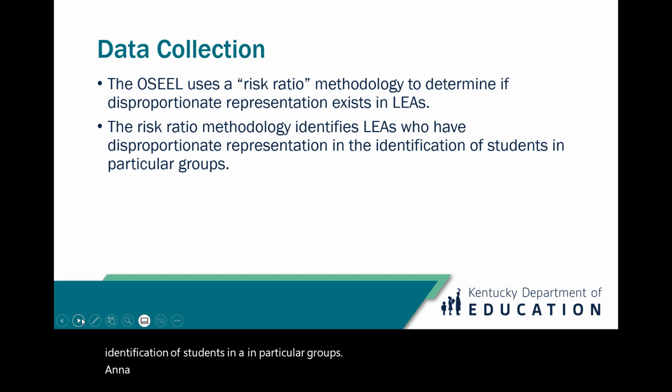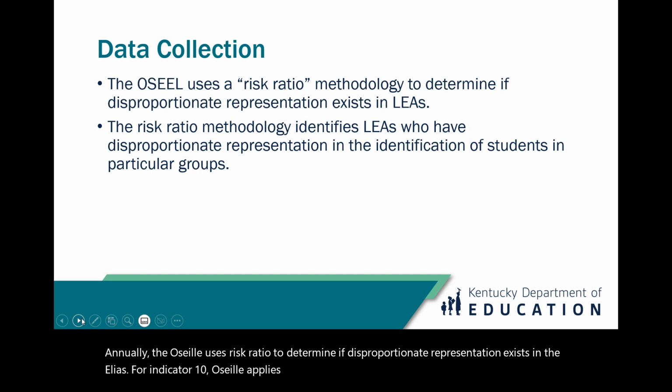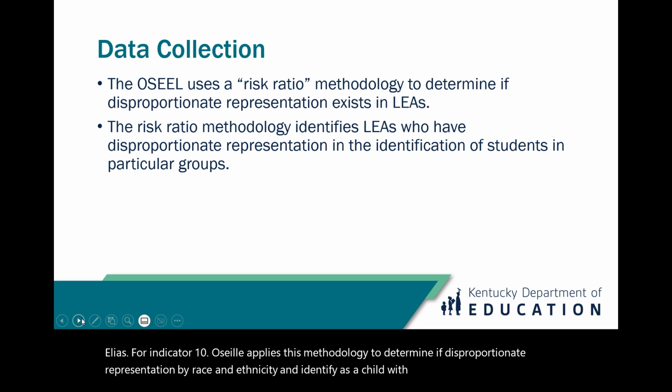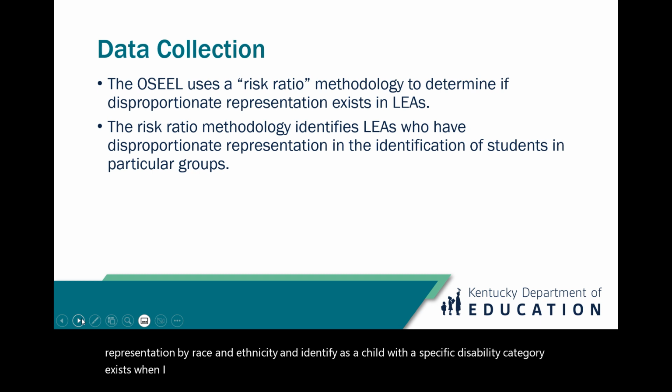Annually, the OSEAL uses risk ratio to determine if disproportionate representation exists in the LEAs. For Indicator 10, OSEAL applies this methodology to determine if disproportionate representation by race and ethnicity and identified as a child with a specific disability category exists when identifying students for special education services.